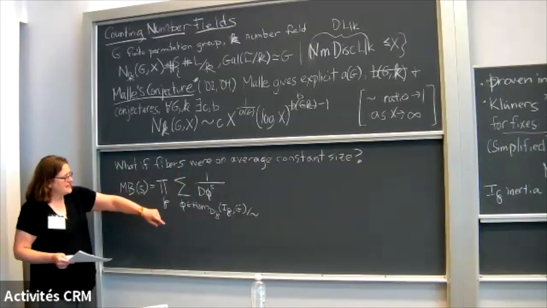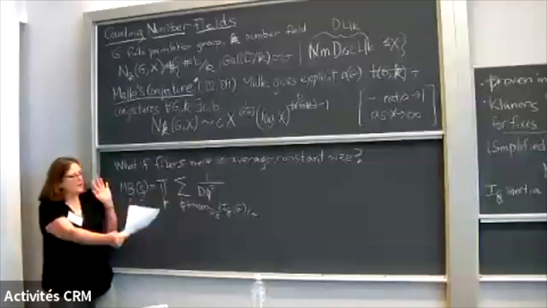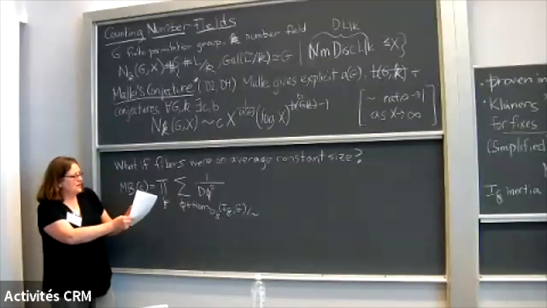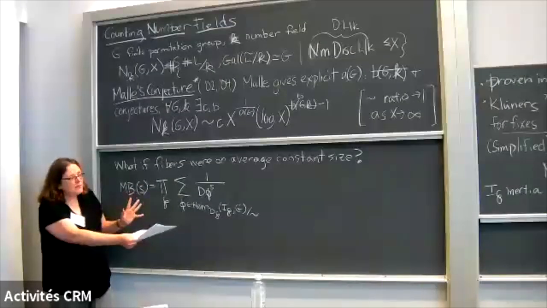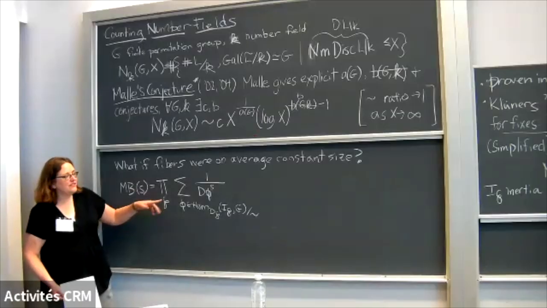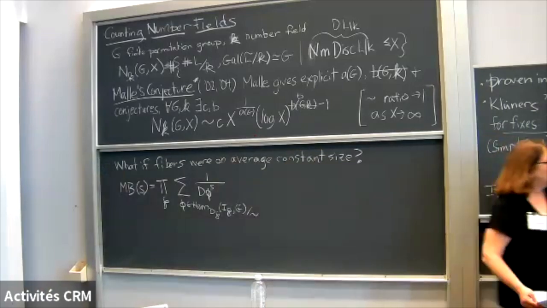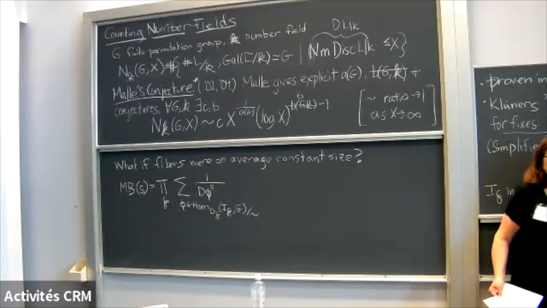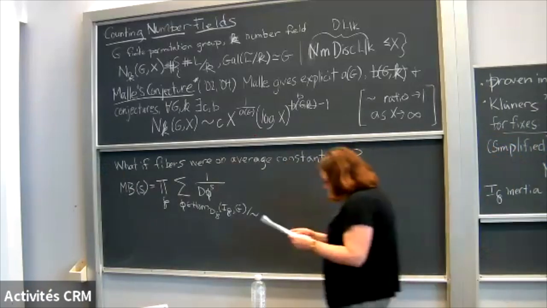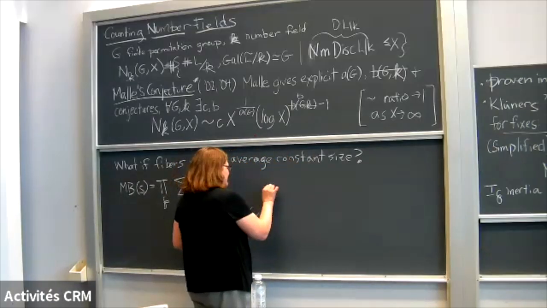So then this is a Dirichlet series, and then when you multiply it out over primes, you get as a coefficient of n to the s all of the tuples of local objects here that would have discriminant s.